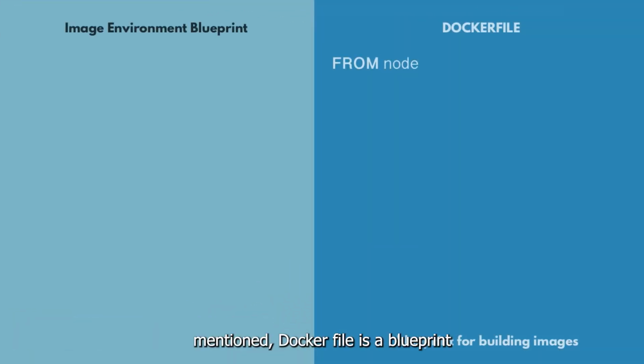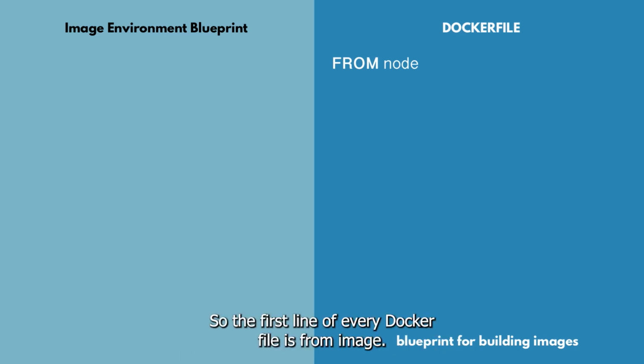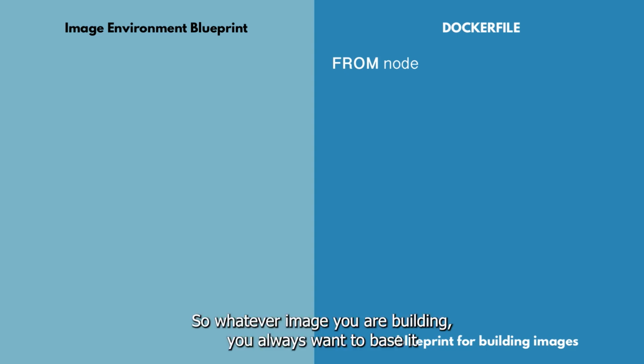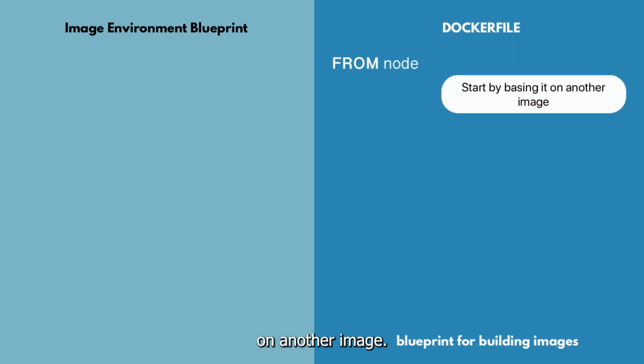So as I mentioned, Dockerfile is a blueprint for creating Docker images. The syntax of a Dockerfile is super simple. So the first line of every Dockerfile is FROM image. So whatever image you are building, you always want to base it on another image.